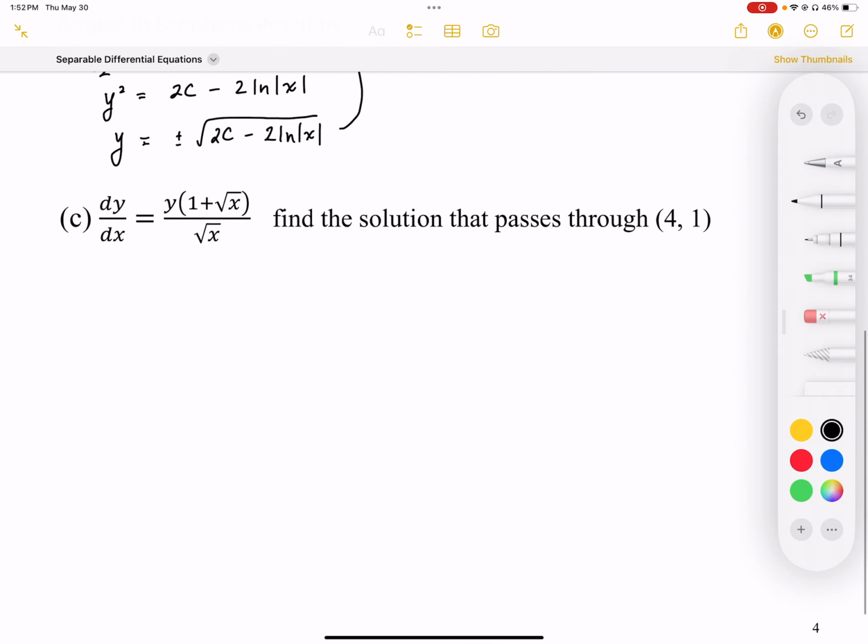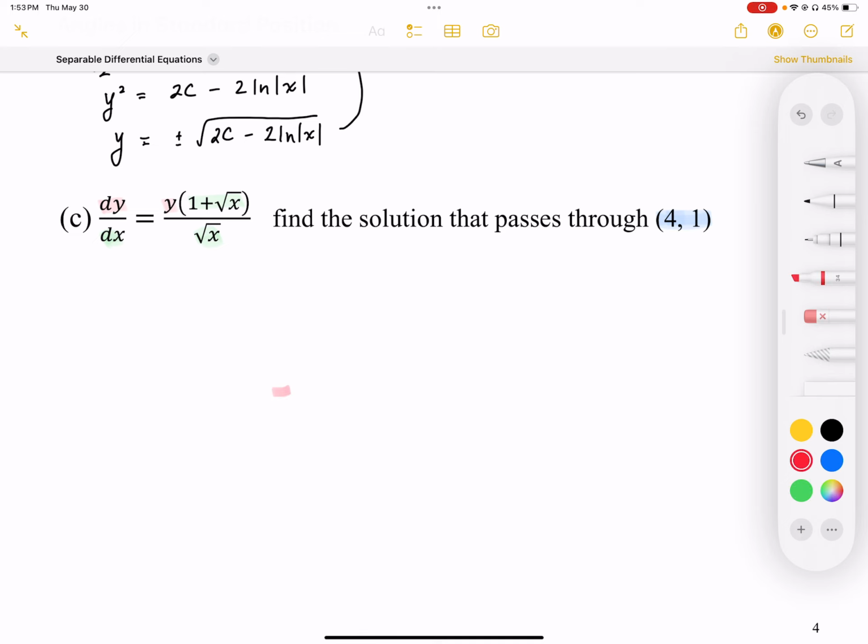For c, we've been given an initial condition, so we're going to be able to solve for the plus c here. But again, the same thing, we want to separate the variables. So x's with x's, y's with y's.